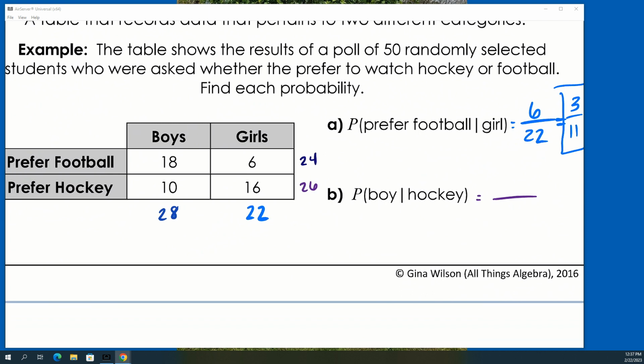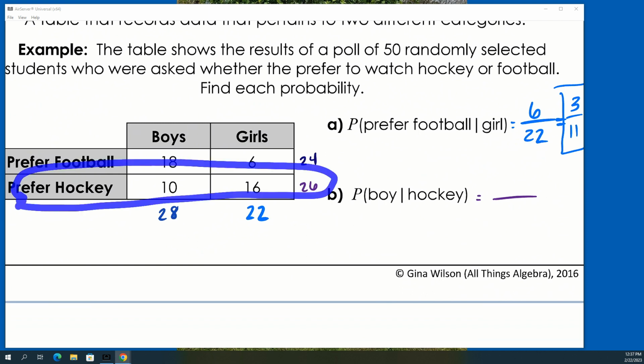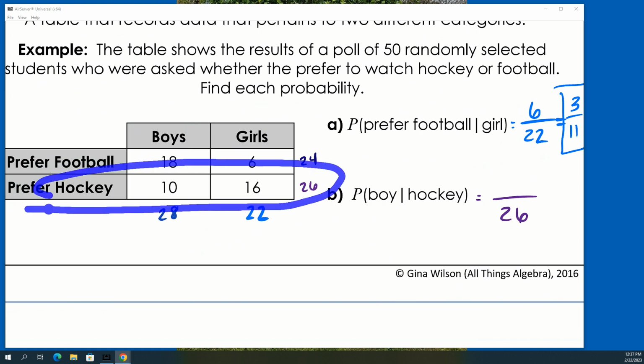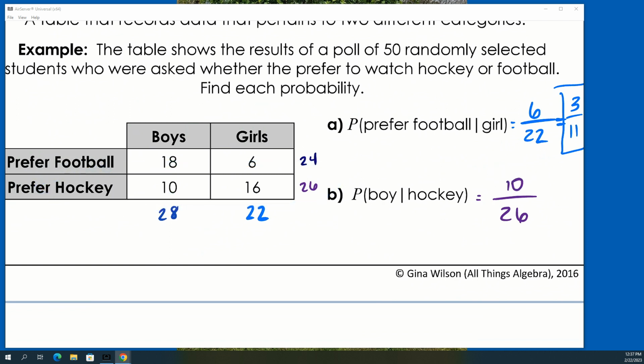All right, so this time I want the probability that you select a boy given that they prefer hockey. So on this one, I only care about the hockey people. I don't care about any of the football people. So how many people prefer hockey? 26 people. 26 people goes in the denominator. All right. And then out of those hockey people, how many of them are boys? 10 of them. Right.